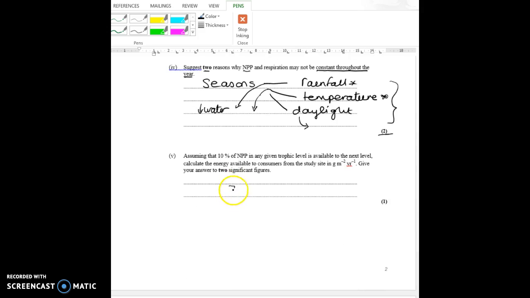So 790, and they're only going to be able to pass along 10% of that. So 79.0. It says 2 significant figures, okay, so I only want to put 79. And I've got to remember my units, grams per meter squared per year.